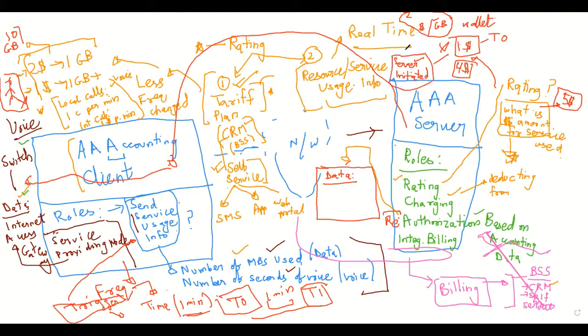In that case, that's the best case, right? As soon as the event occurs, that is a risky event, you open the window of the user consuming a service for which he's not paying, right? You want that window to be as narrow as possible. That is what is called real-time charging. All right.